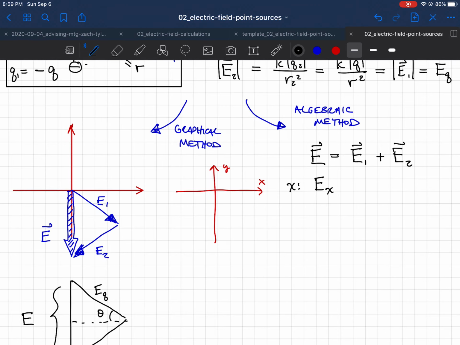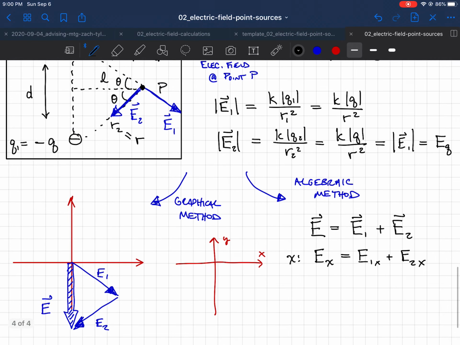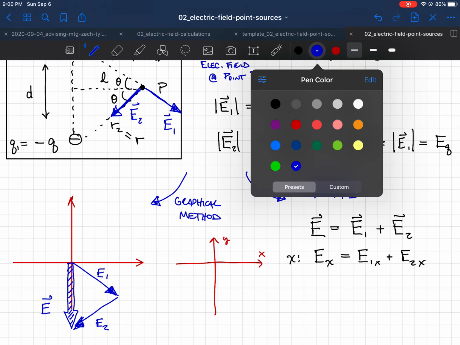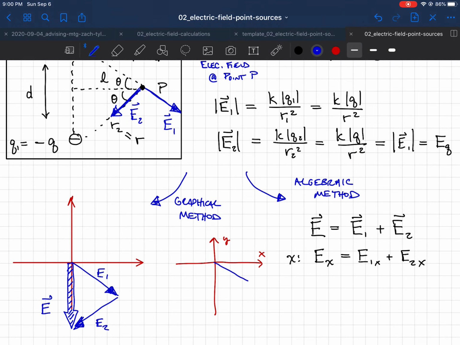So I'm going to be looking for the x component of the total field vector, and that's going to be E1x plus E2x. And I have to find those components. So I look at first this E1 vector, I place it on my coordinate system. Here's E1. I project back to the x-axis, and this number is E1x.